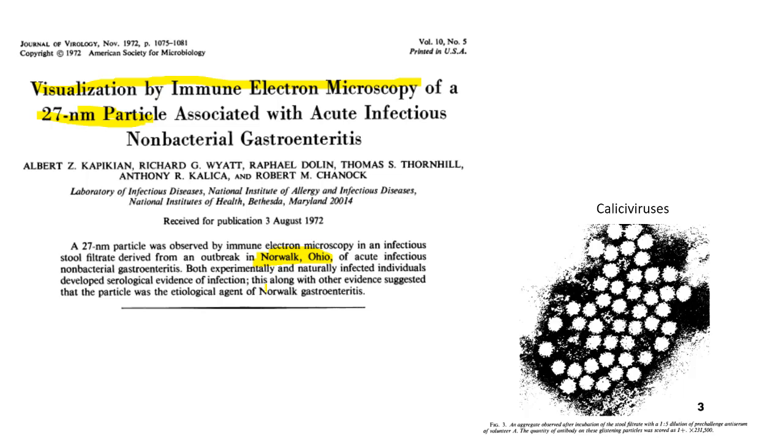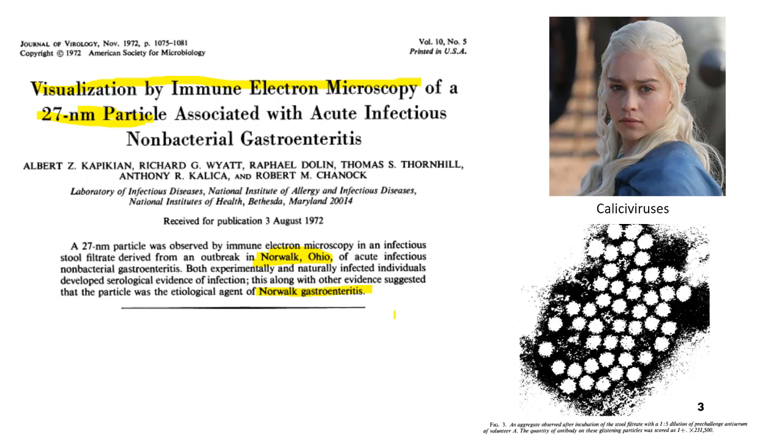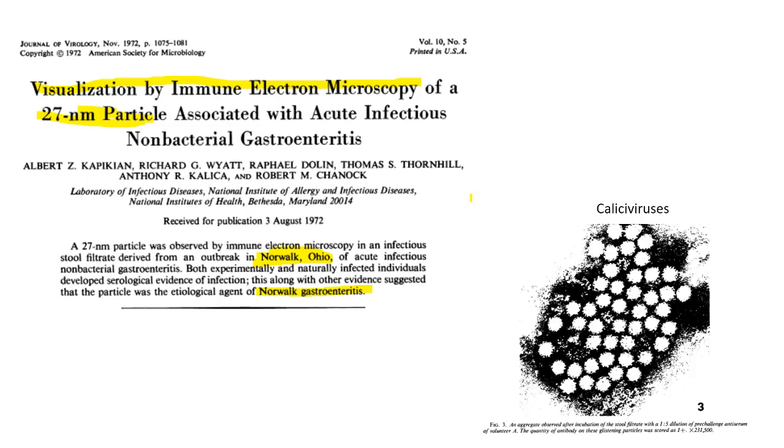They referred to those viruses as Norwalk viruses and Norwalk gastroenteritis. But later on, they found that those viruses, which are part of the Caliciviruses, but with a C, not with a K, were found to cause epidemics in other places of the world. So now they call them more commonly noroviruses rather than Norwalk viruses.